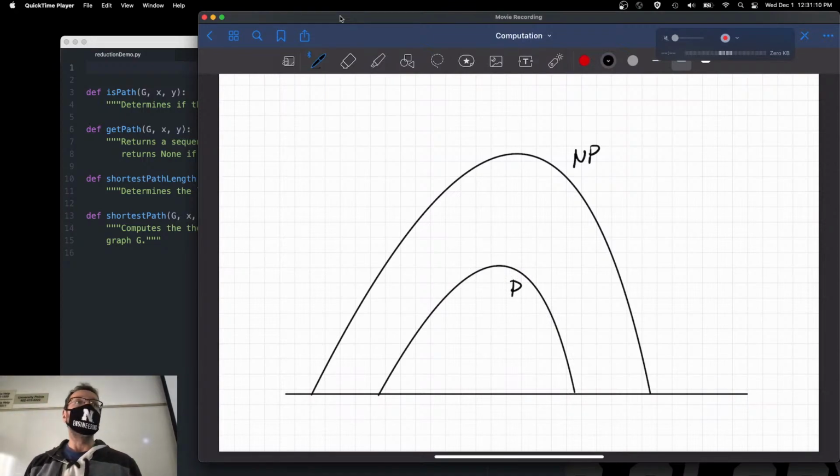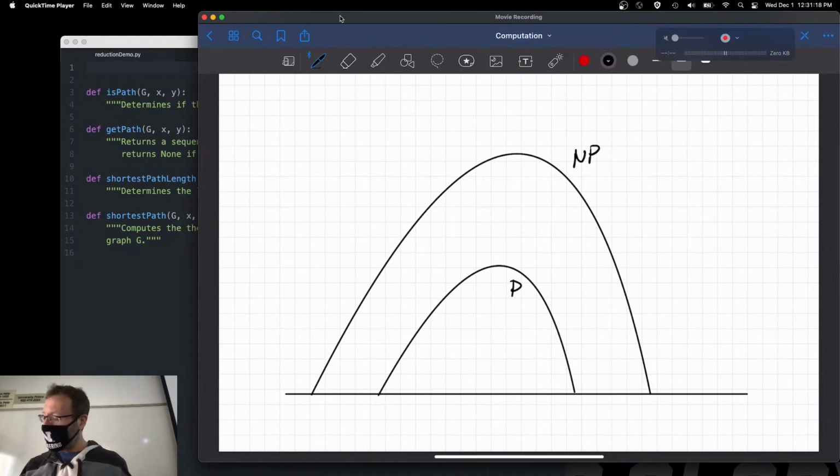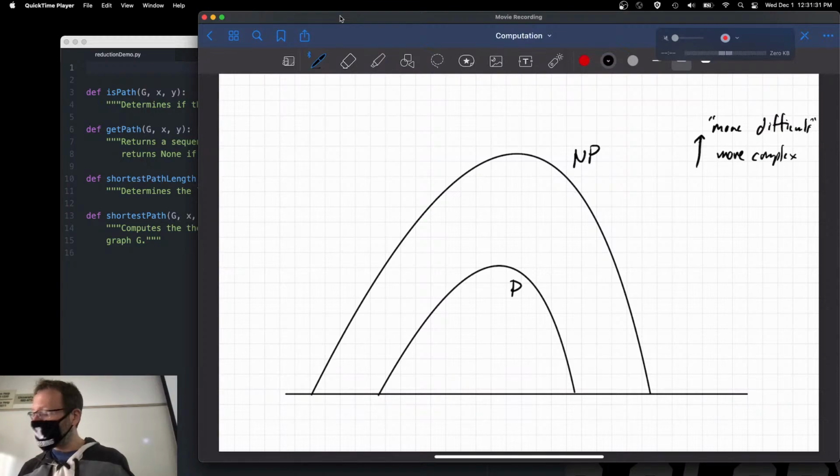The reason that we like to draw the complexity landscape like this is because it gives an intuitive notion of relative complexity. As you go up, it is more difficult problems, or more complex. Now, it's not as simple as strictly more, because again, we don't know what this landscape looks like.